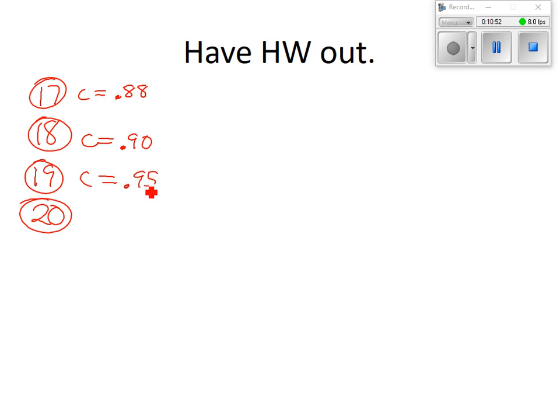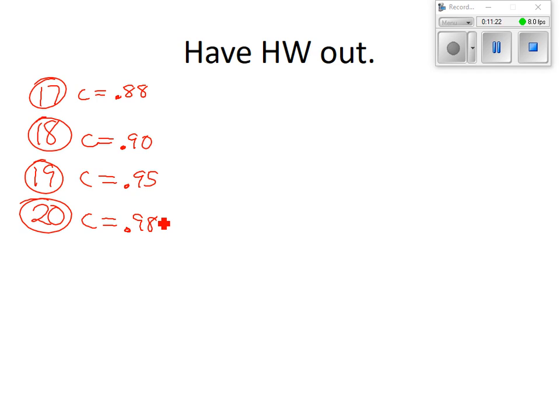And 20 says confidence interval of 0.98. You don't have to look all these up. If they're asking you just to match them, make it easy on yourself. Which one of these are we going to be the most confident about? 98. So what that's telling you is your confidence interval, if you're 98% confident, it's going to be bigger.